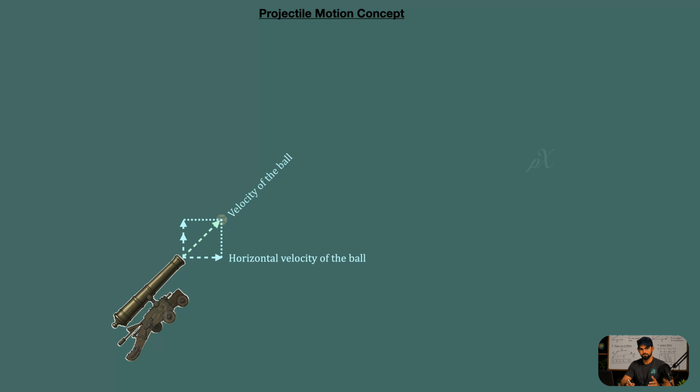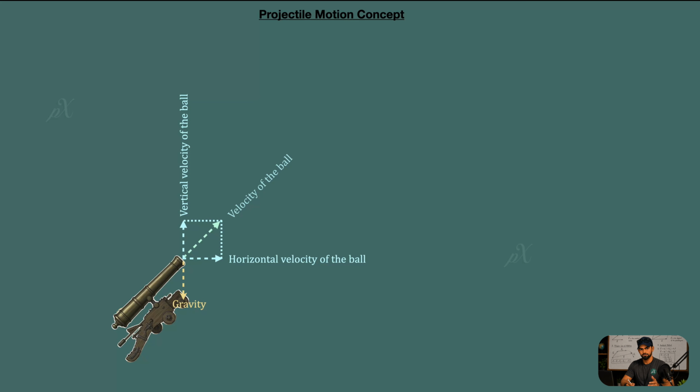And the second one is the vertical velocity of the ball. At the same time, don't forget, gravity is continuously pulling the ball downward with an acceleration g. Now, let's focus only on the vertical direction first. In the vertical direction, the ball has an upward vertical velocity, while the acceleration due to gravity acts downward. So basically, these two are acting in opposite directions.